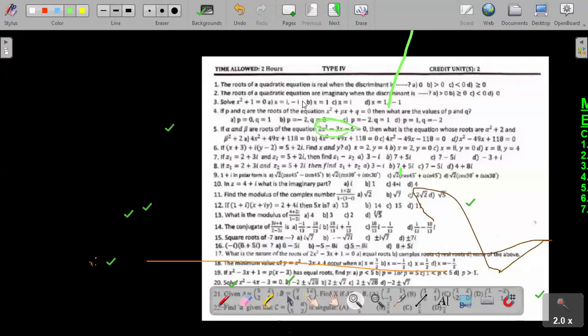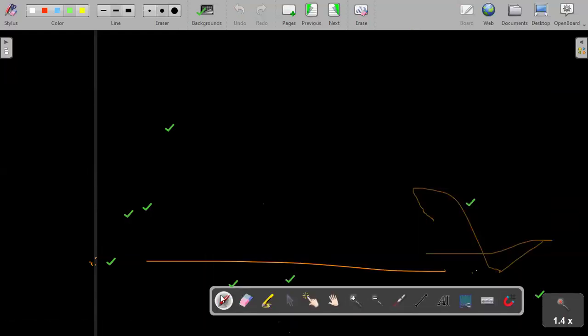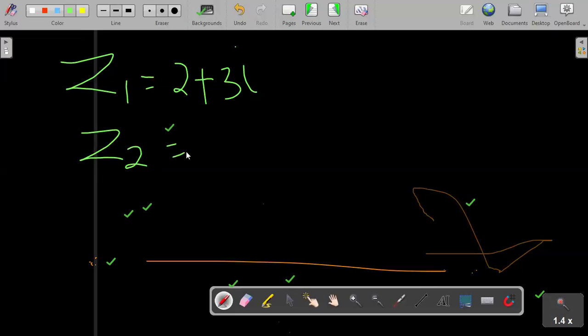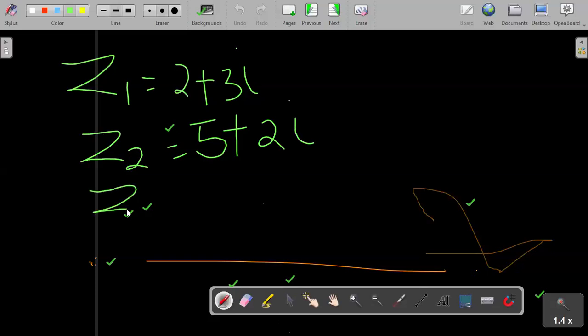Our Z1 is 2 plus 3i, our Z2 is 5 plus 2i. We are asked to find Z1 minus Z2.